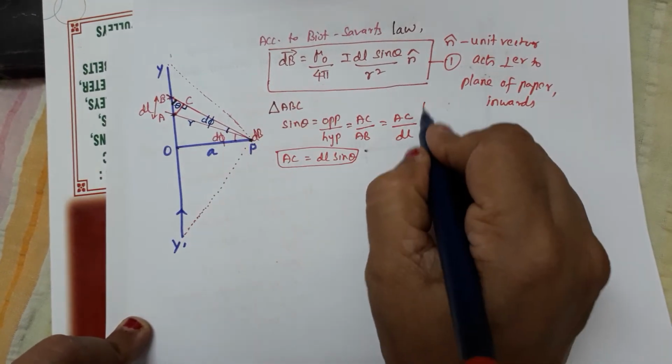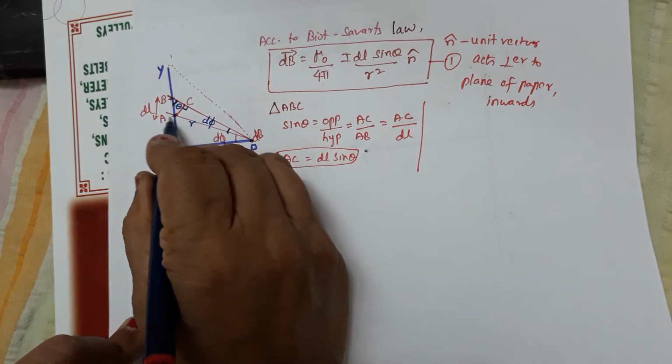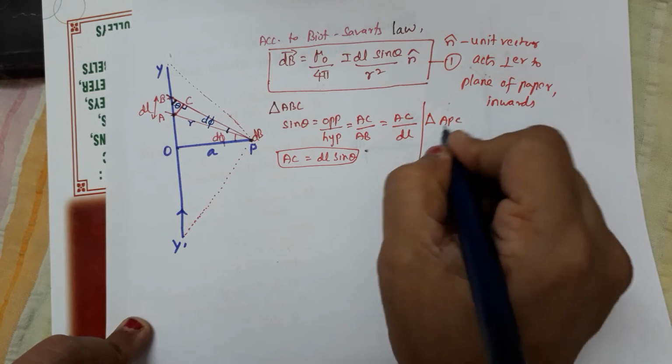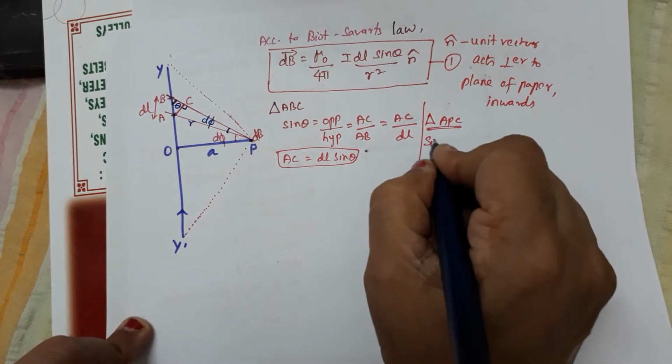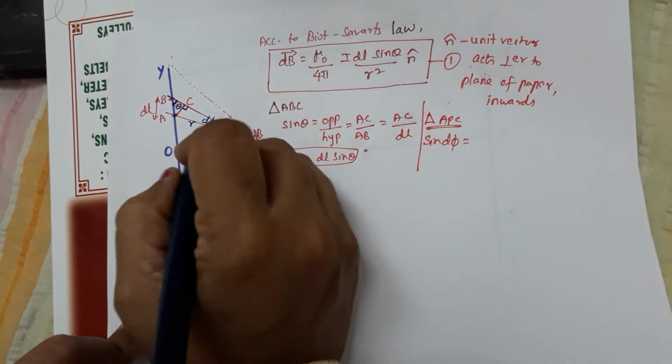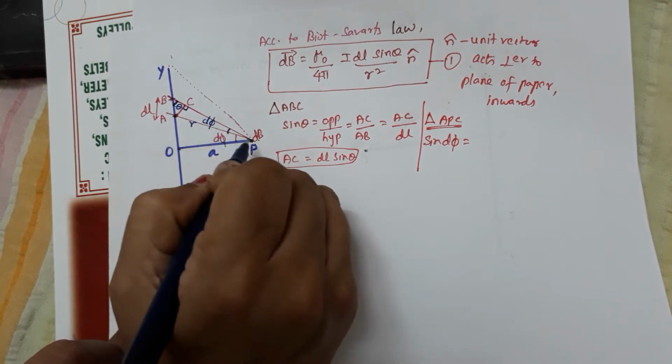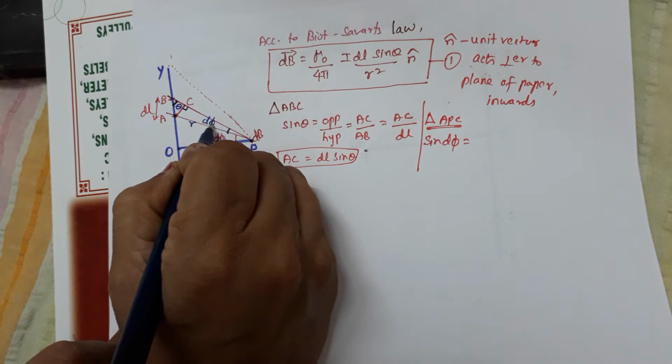In the same way, in which triangle? The triangle APC, children. From triangle APC, find sin d phi. You know, opposite by hypotenuse. In this triangle APC, this is d phi, right?